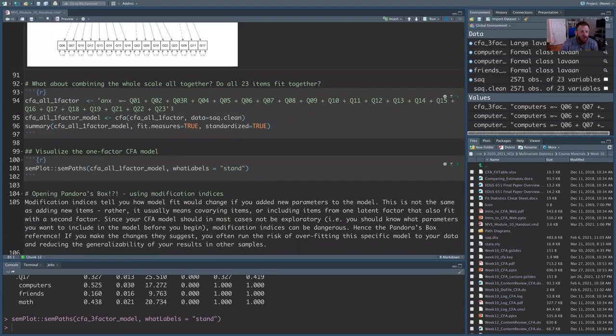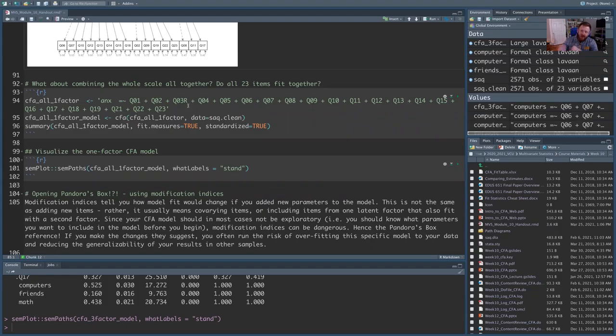So what if we wanted to combine the entire scale all together? So what if we wanted to say, okay, let's take all 23 items from the Andy Field scale and put them together. What's interesting about this is if we were to calculate an alpha based on this, the alpha for this scale is actually probably pretty high because by definition, alpha increases as you add items, even if the items you're adding are not all that correlated with a common factor.